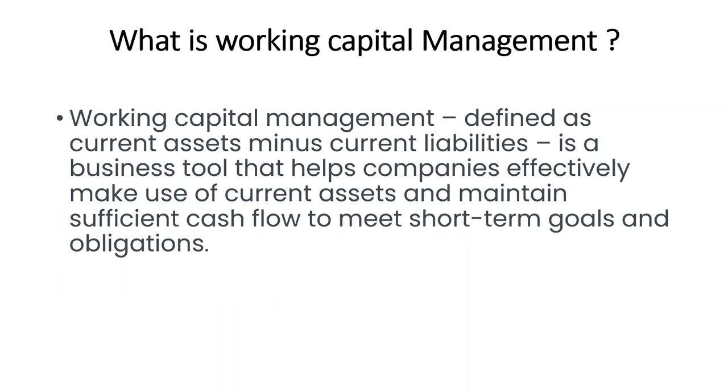Let's understand what is working capital management. As the name says, working capital management is defined as current assets minus current liabilities; it is a business tool that helps companies effectively make use of their current assets and maintain sufficient cash flow to meet short-term goals and obligations. Basically, in common terms, if anyone asks you, you will say current assets minus current liabilities is working capital.